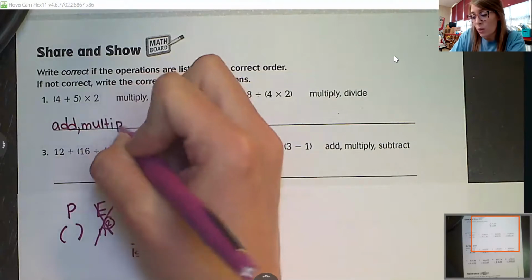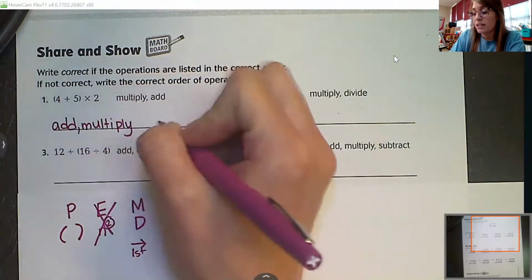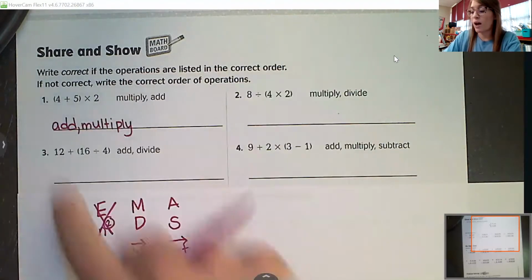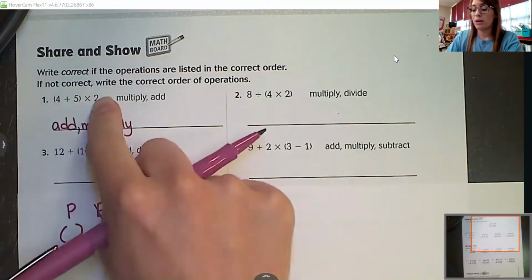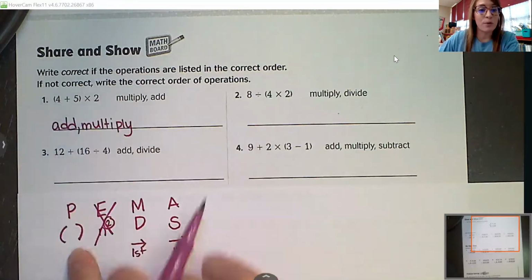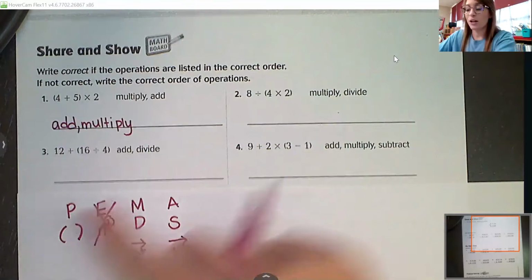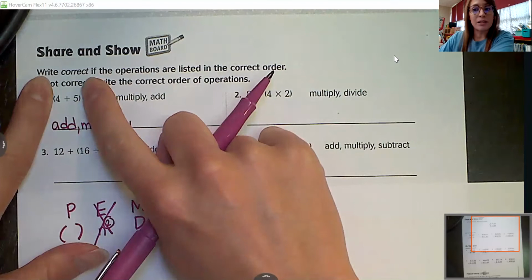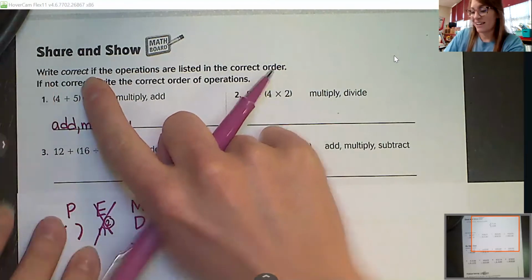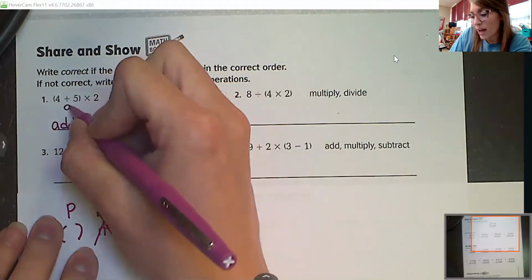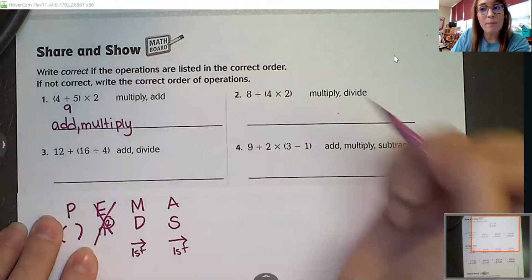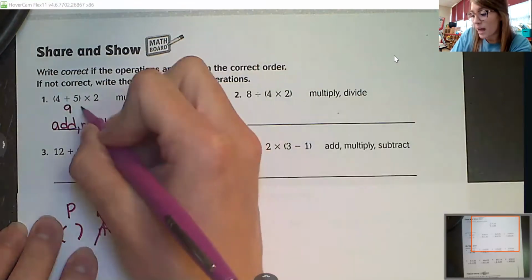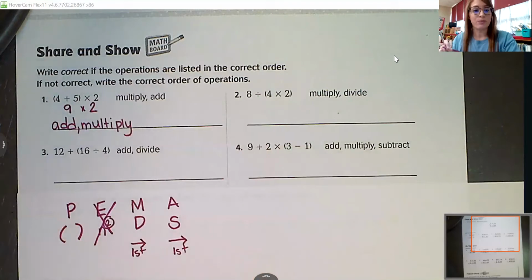So now that we know the correct order, let's go ahead and solve this. So we've got 4 plus 5 times 2. The first thing we're going to do is check for parentheses, and there are some. We're going to solve what's in those parentheses first. So what is 4 plus 5? 9. Very good. So now we've got 9, and then I'm just going to copy the rest of my problem down. 9 times 2.